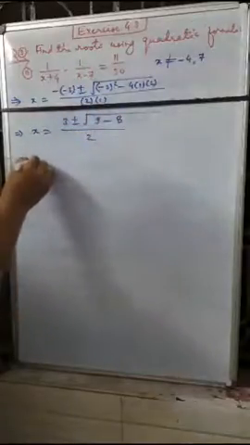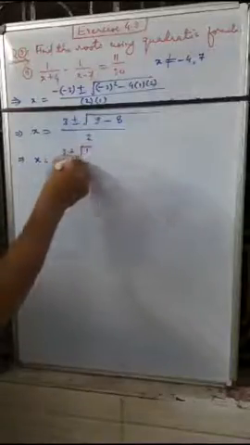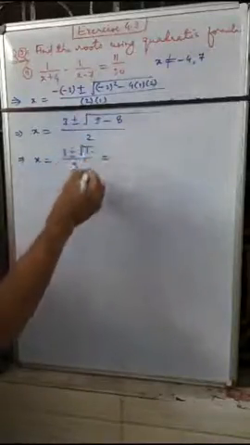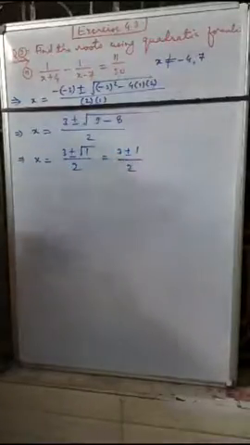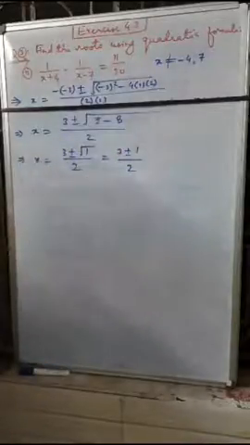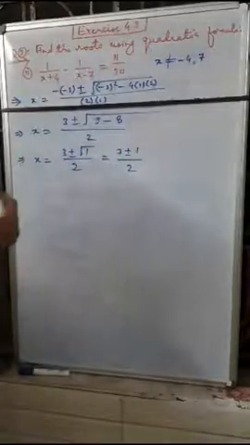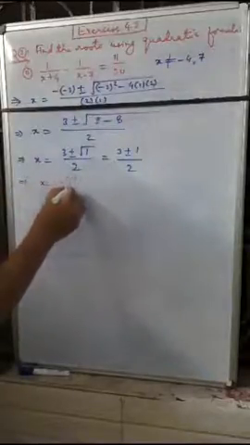So x is equal to 3 plus or minus under root 1, upon 2. The value of under root 1 is also 1. Now we have x is equal to 3 plus or minus 1, upon 2.